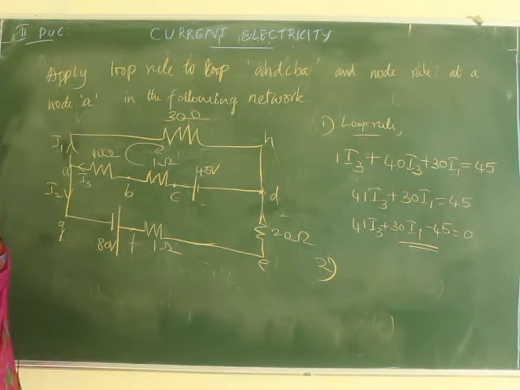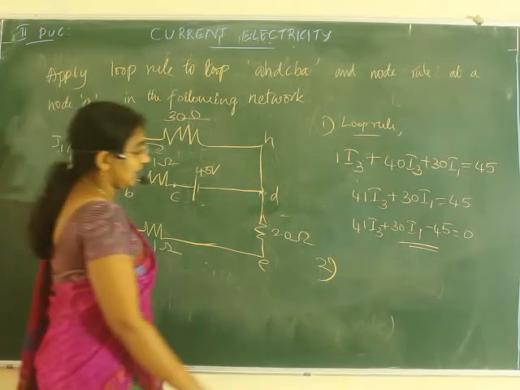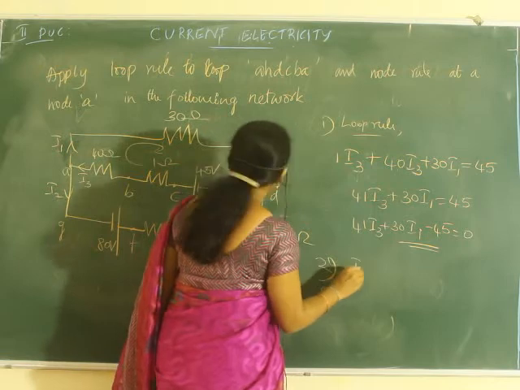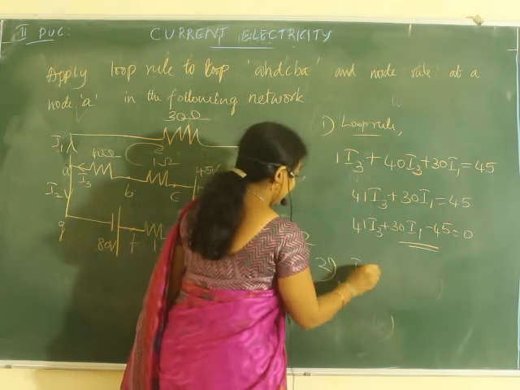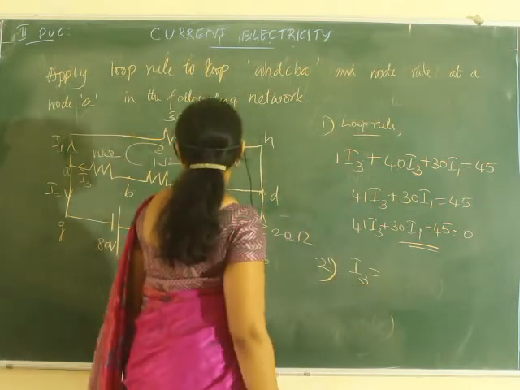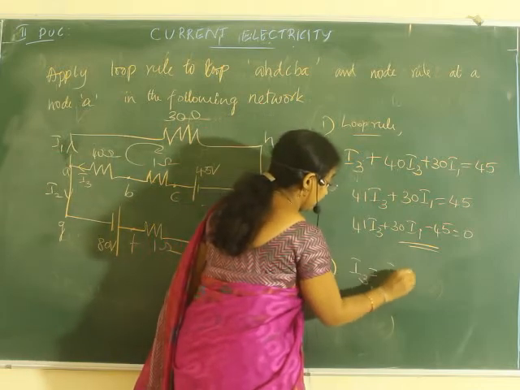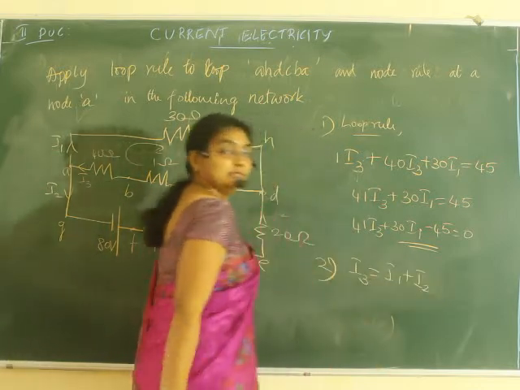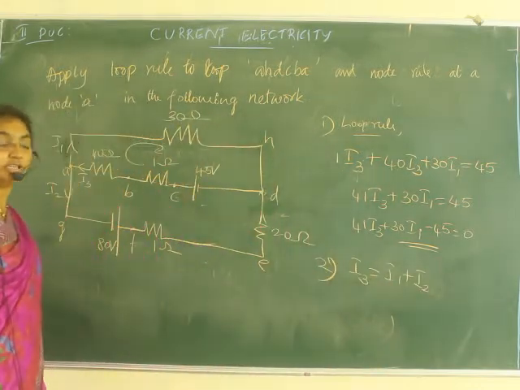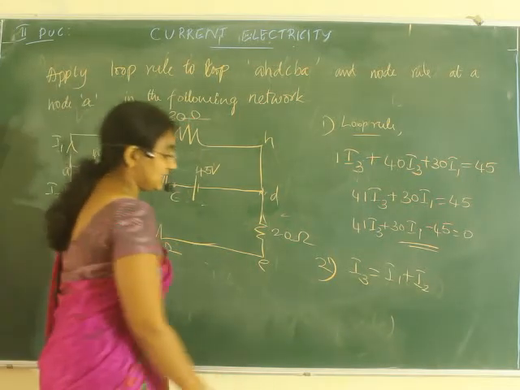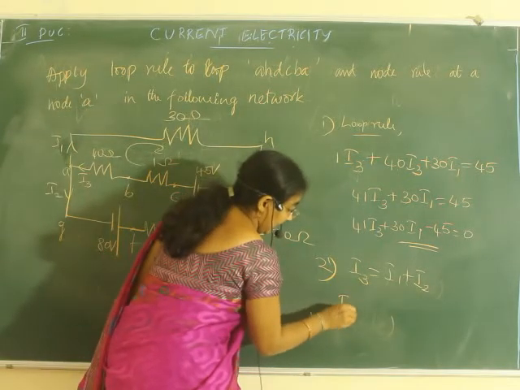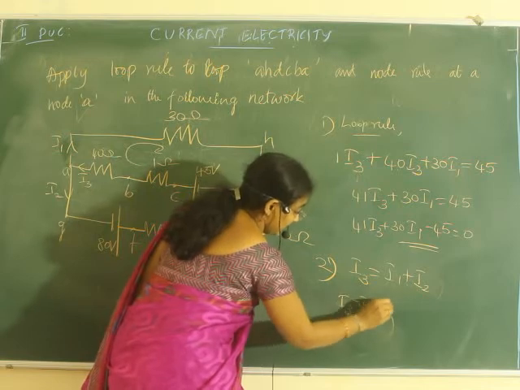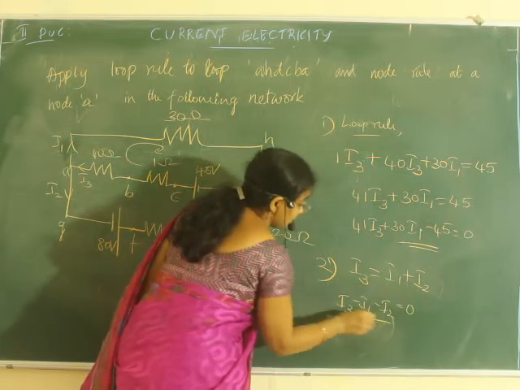Leaving is I1 and I2. So for the second one, sum of the current entering is I3, equal to sum of the current leaving the junction. So I'll write I1 plus I2. These two are leaving the junction. Therefore I can write I3 minus I1 minus I2 is equal to 0.